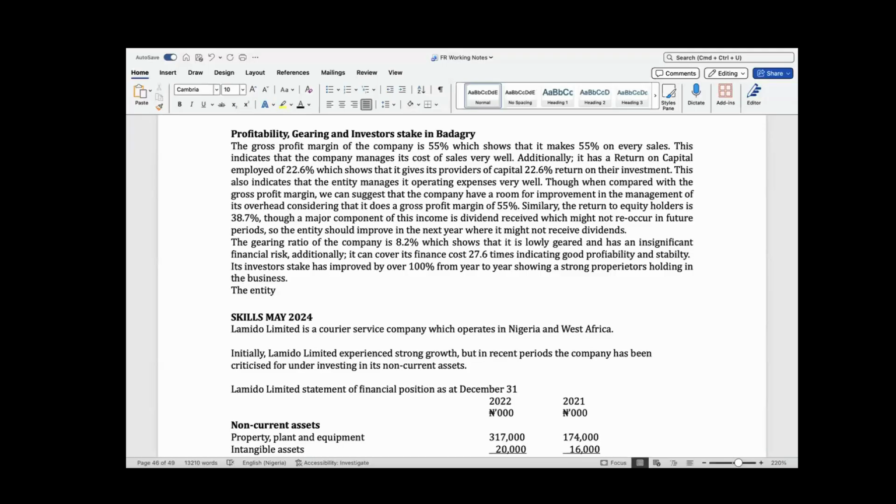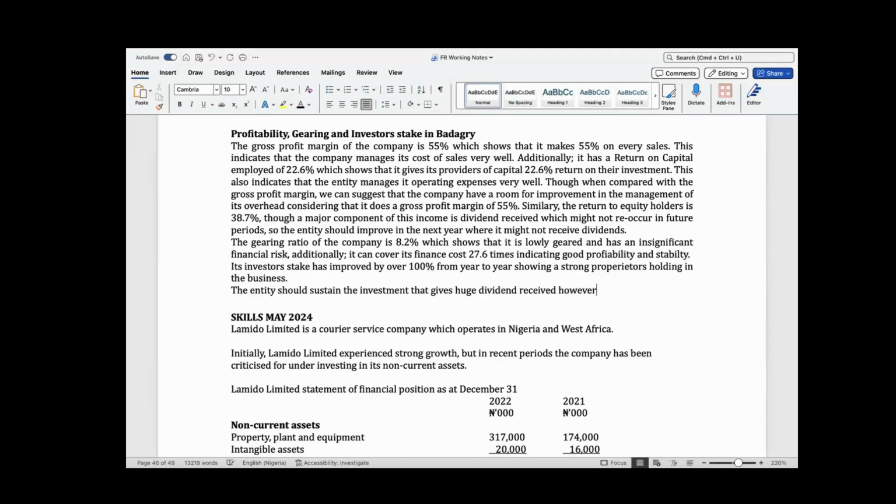The entity should sustain the investments that give it a huge dividend received.